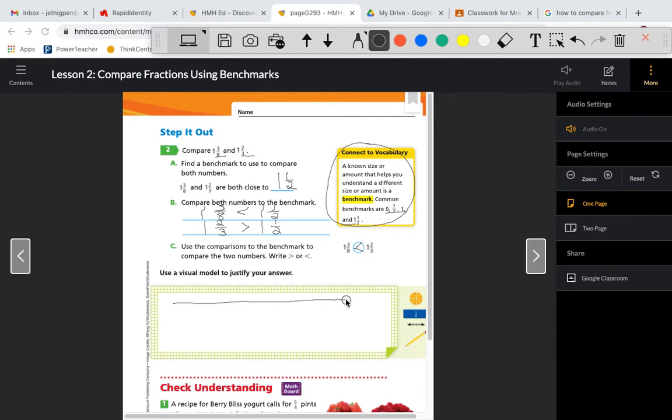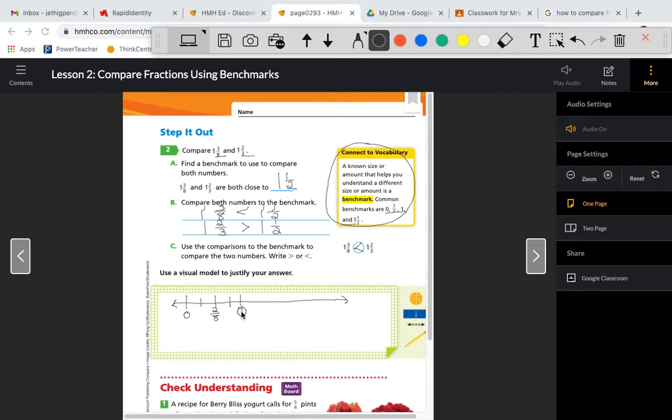So we're going to draw it out. Now, we said we couldn't use 0, but we're still going to put it on our number line. This is going to kind of show us our benchmark. We have 2/8 here. Remember, we're working with the fraction 1 3/8.